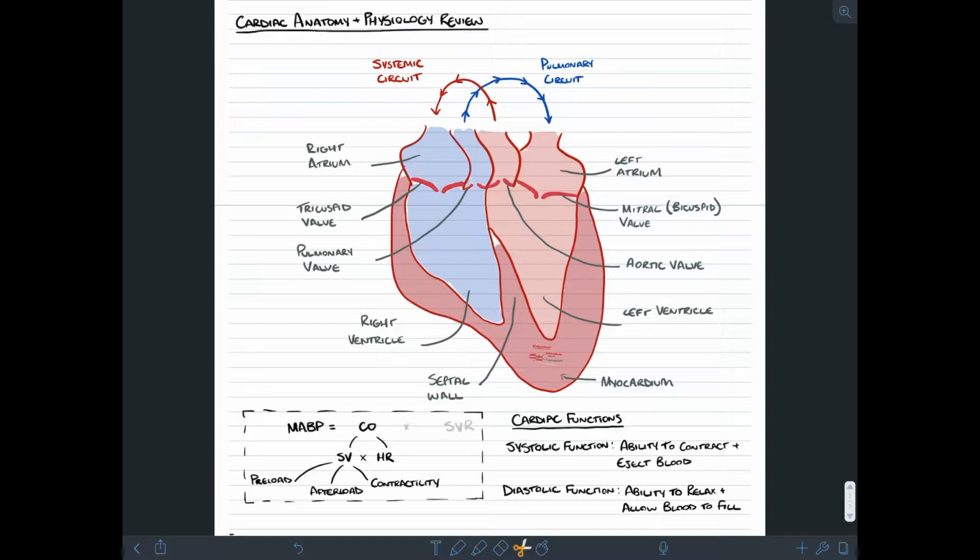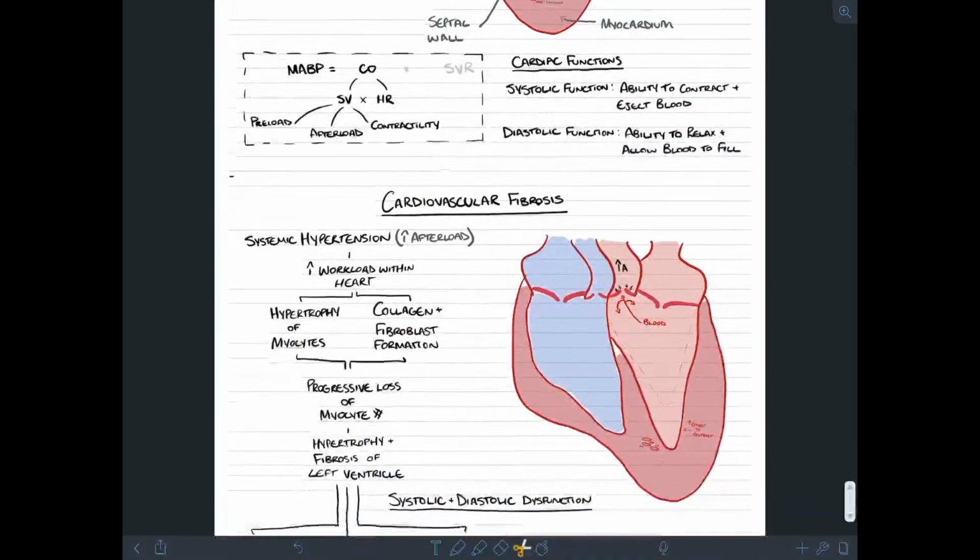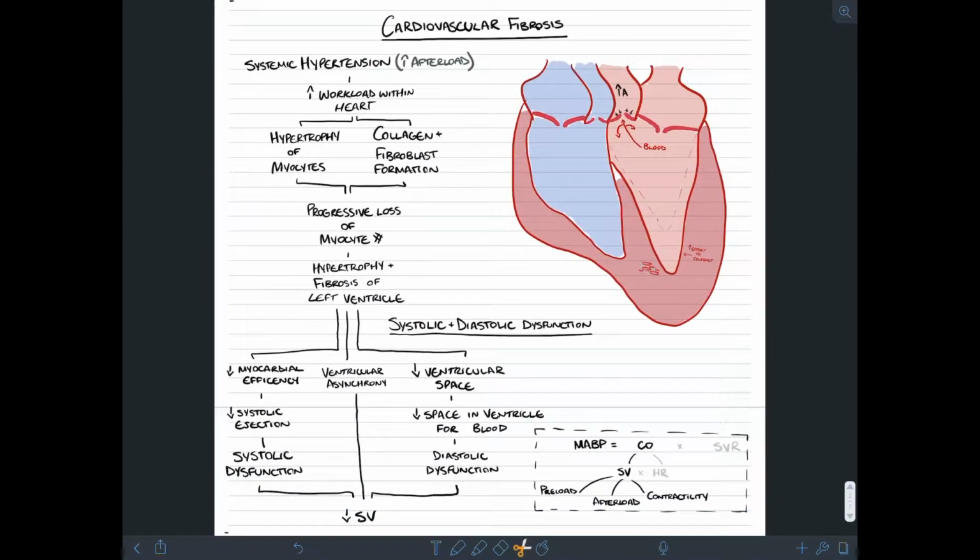Okay, so let's begin by talking about fibrosis within the heart. So it all starts with systemic hypertension. So the systemic hypertension will really be affecting the aorta right here and the aortic valve.